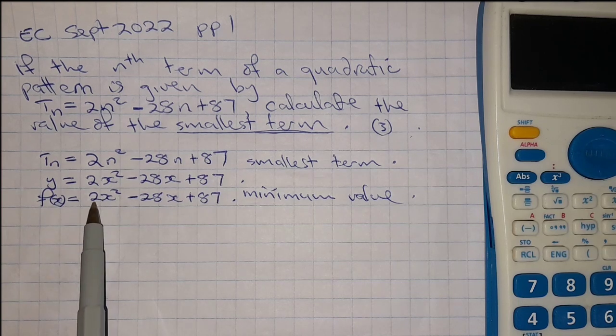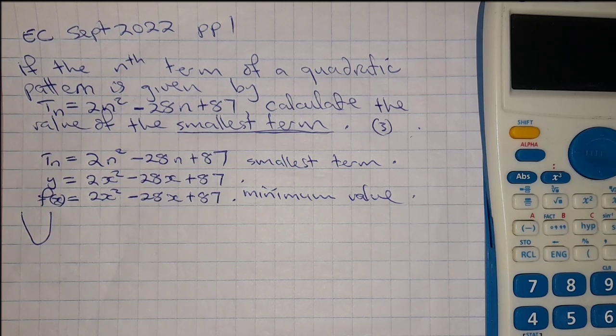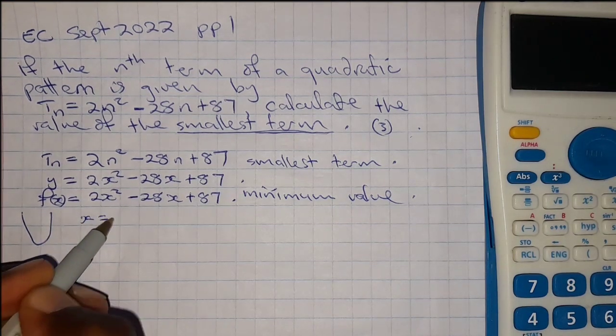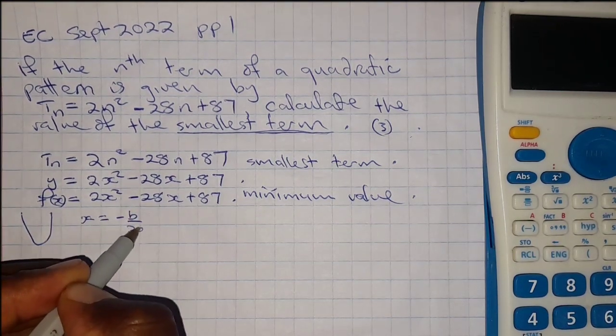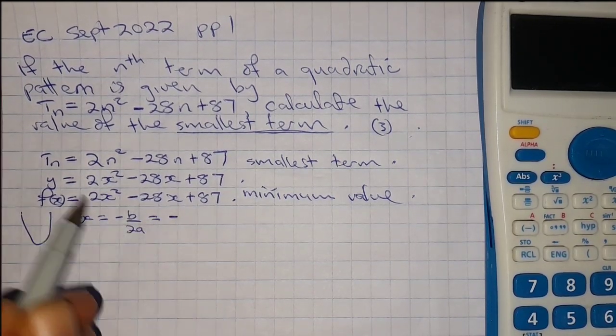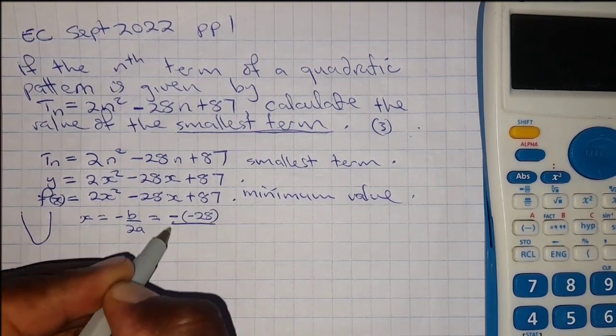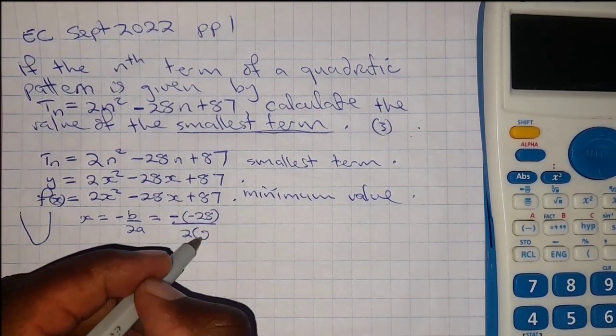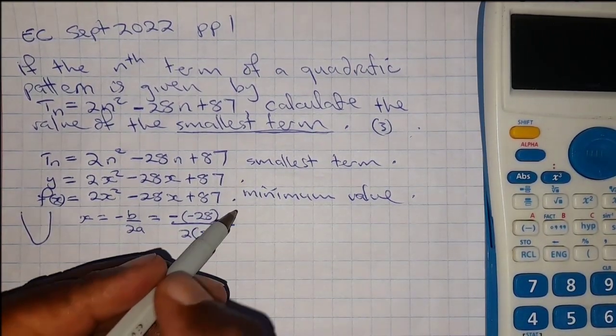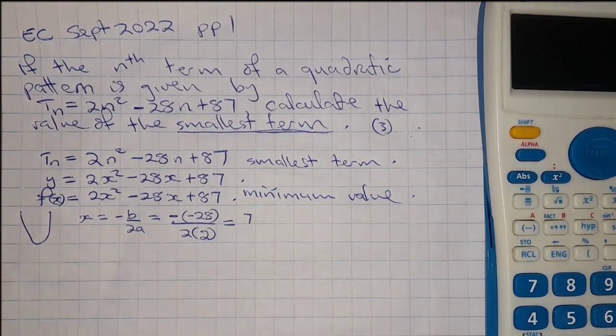Now, how do we determine the minimum value in functions? You should notice that your a is positive, so your function is in this form. The turning point is a minimum, so that's the one we are talking about. How do you determine the coordinate of the turning point? Your x is equal to minus b over 2a, which is equal to minus your b, negative 28, over 2, your a is 2, and this on your calculator is going to give you positive 7.